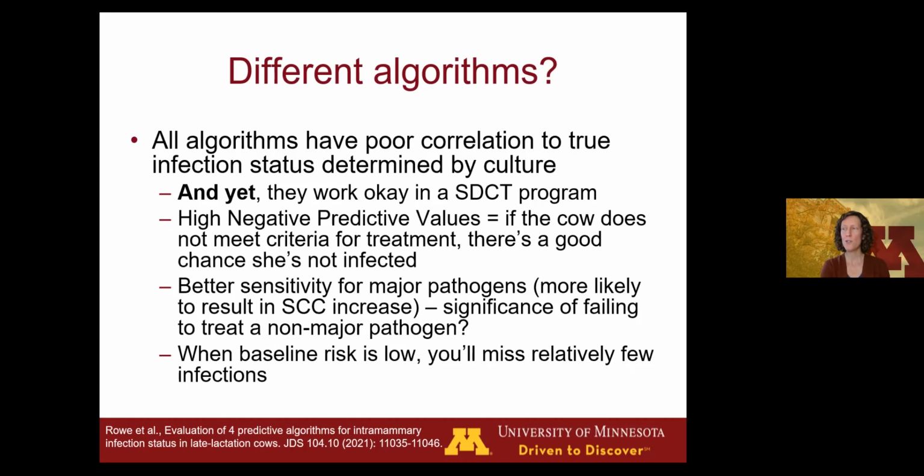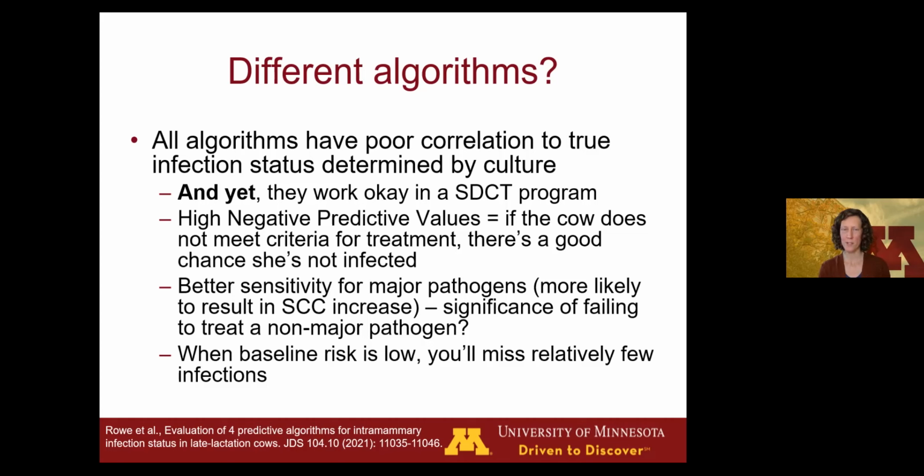But an important thing to note is that if we compare algorithms to a gold standard diagnosis of infection, so if we ask, can this algorithm adequately diagnose a cow or a quarter with mastitis, the comparison to the gold standard of milk culture is not great. They actually have a pretty poor correlation to gold standard diagnosis of infection by culture. And yet, they still all work pretty well in a selective dry cow therapy program.